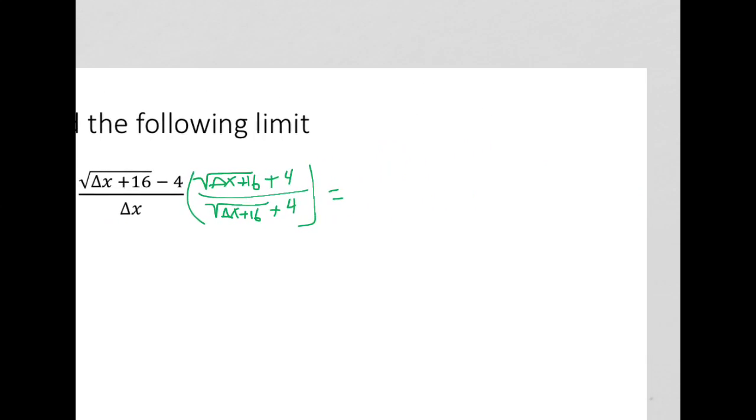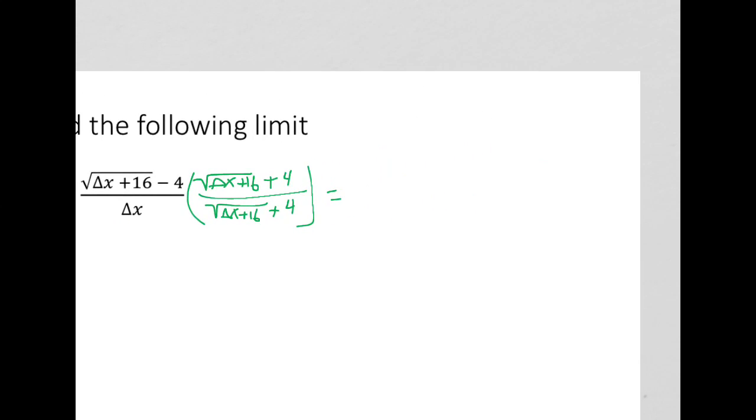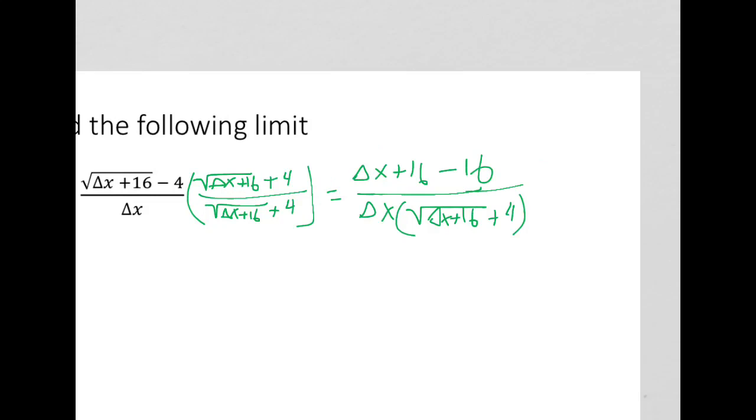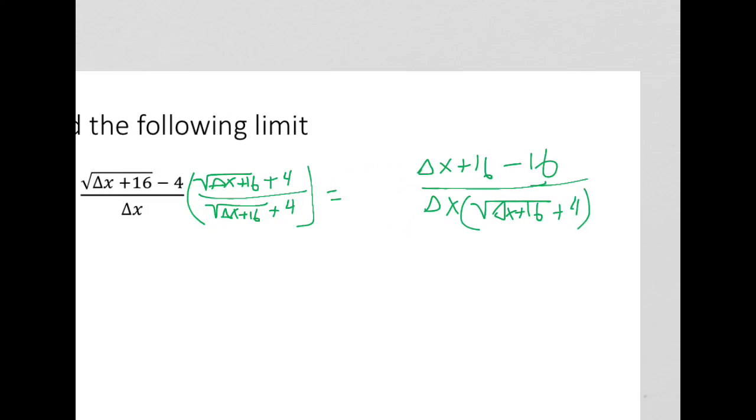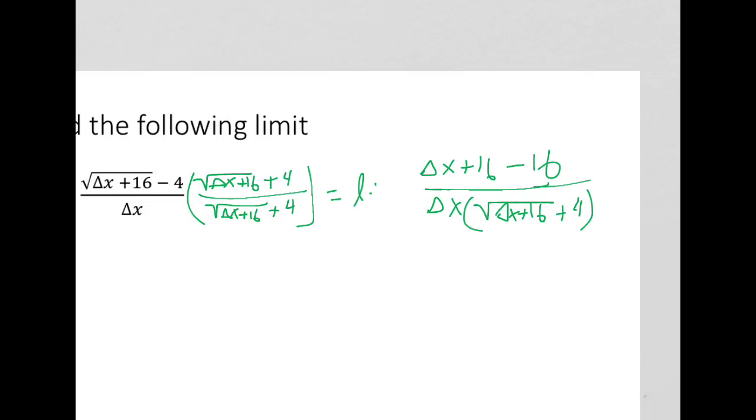And we like conjugates because when you multiply them together, you get the first term squared, so I end up with delta x plus 16 without the square root, minus the second term squared, which is 4 squared, 16, and that's all over delta x times the square root of delta x plus 16 plus 4. As such, of course, this is all still the limit as delta x goes to 0.